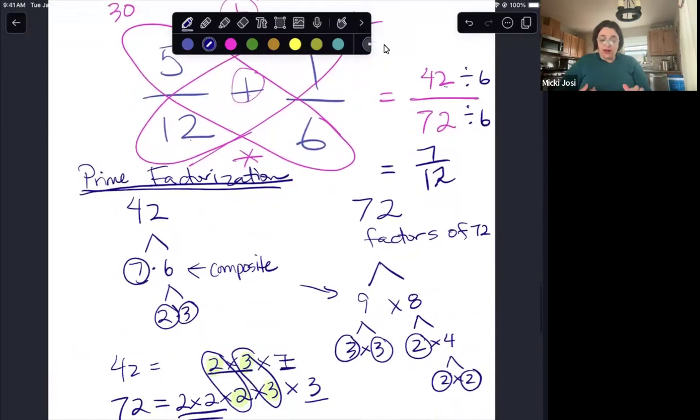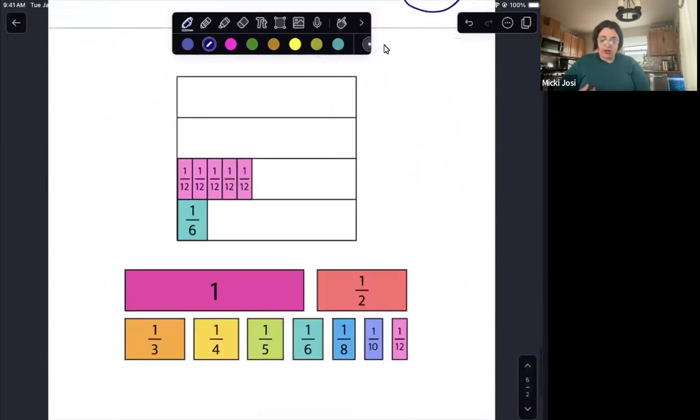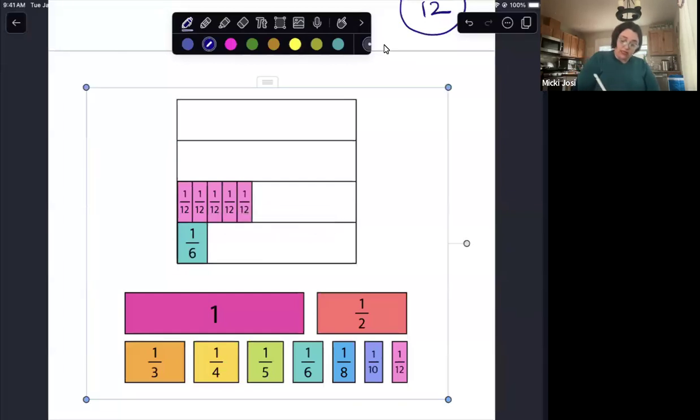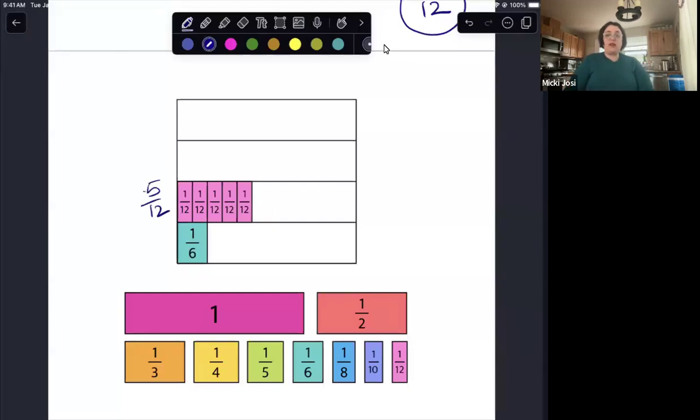What if we were to try this problem, okay, using our fraction pieces? So right here, because I have 5 of the 12ths, I'm representing 5/12 there, okay? And then with the fraction pieces here, I'm representing 1/6. And then we might think about, okay, is there a way to make them the same size, right?